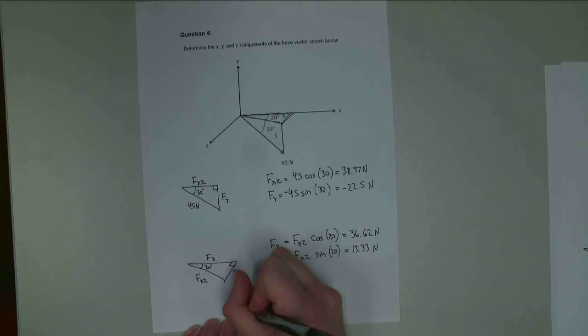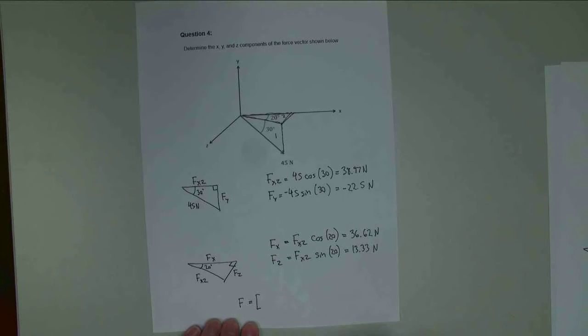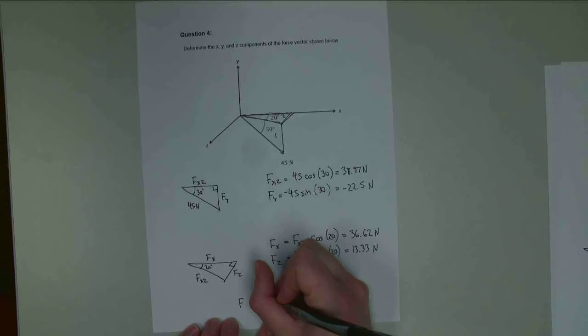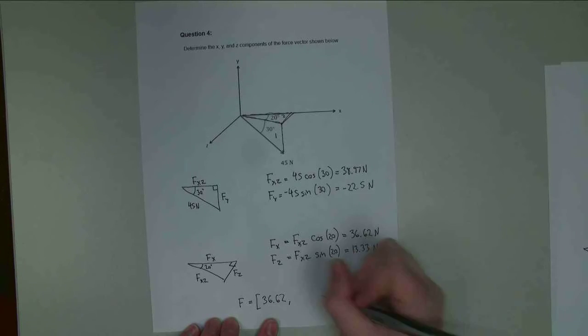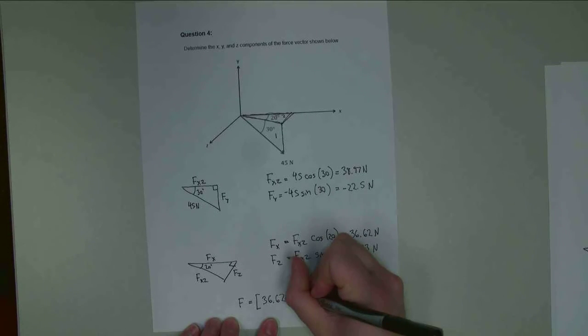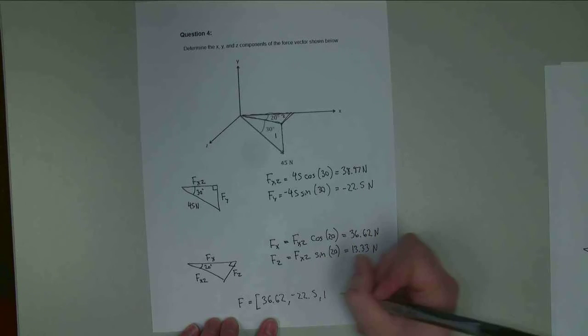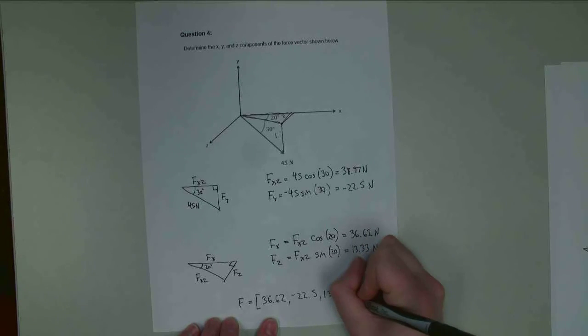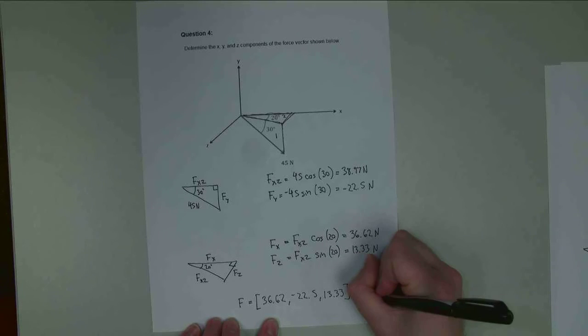Alright, so I rewrite this in vector form. I use my square brackets. The x component is 36.62, the y component is negative 22.5, and the z component is 13.33. And the units of this vector, these are all in newtons.